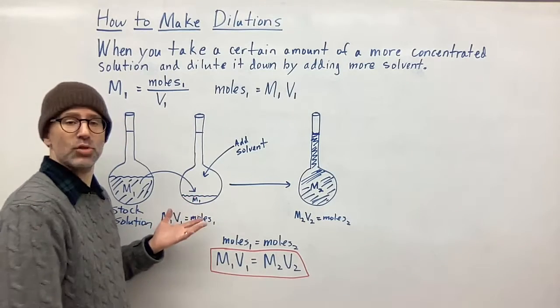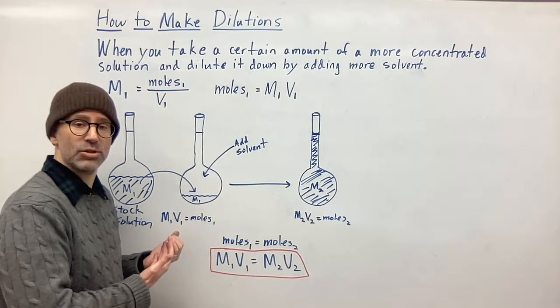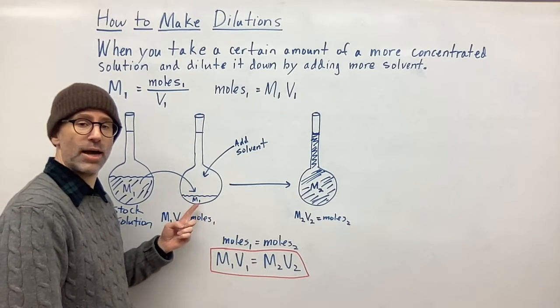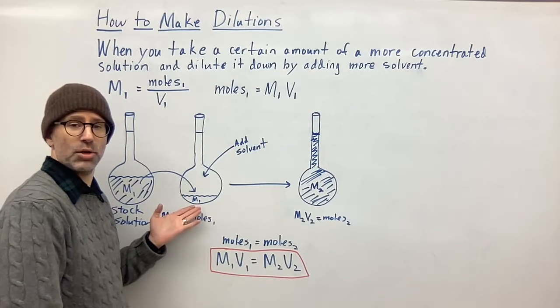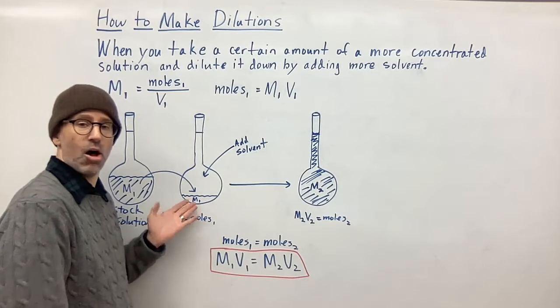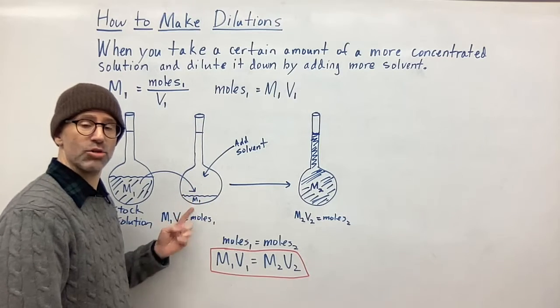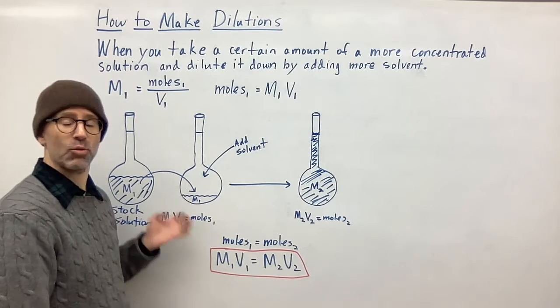If this was a sodium chloride solution, I'm not going to add to my sodium chloride by adding water. So the number of moles of my solute does not change when I'm adding water.